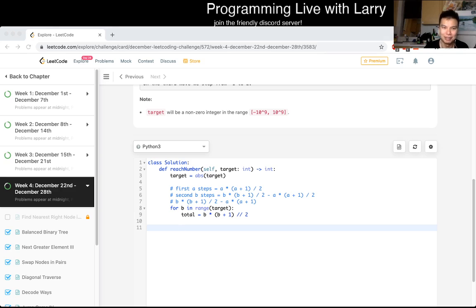I don't know that I understand this form that well, to be honest. Yeah, it is a math problem, so it's not really a programming problem.